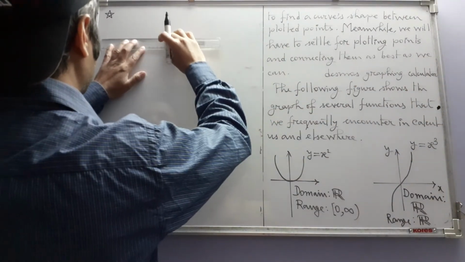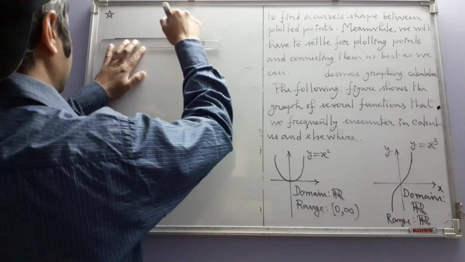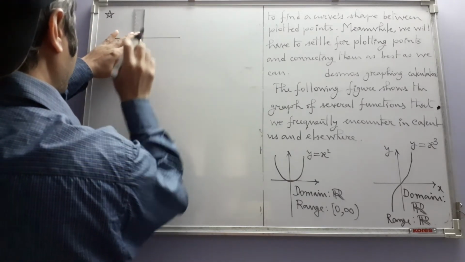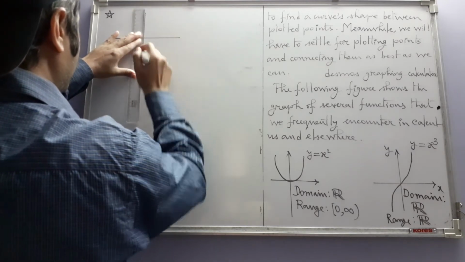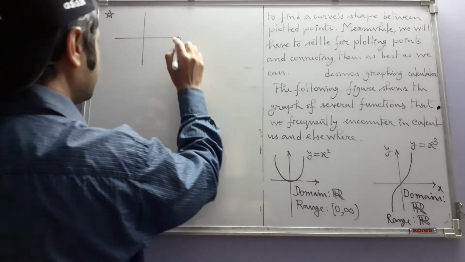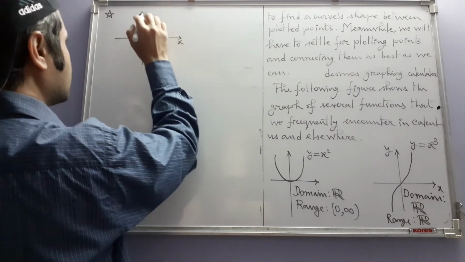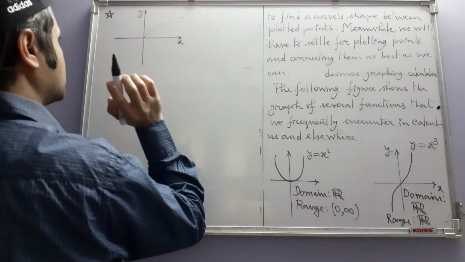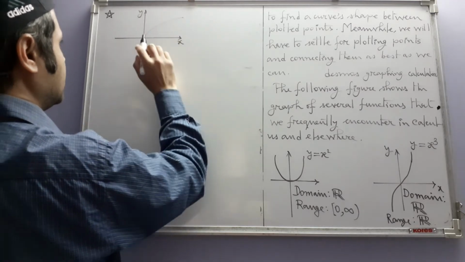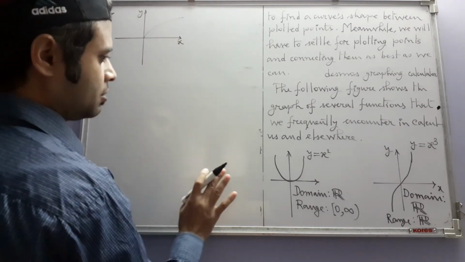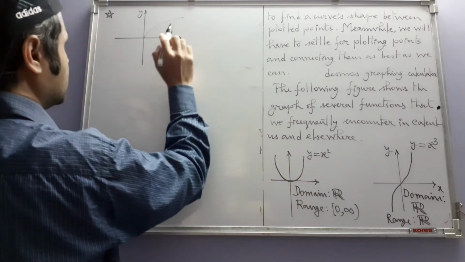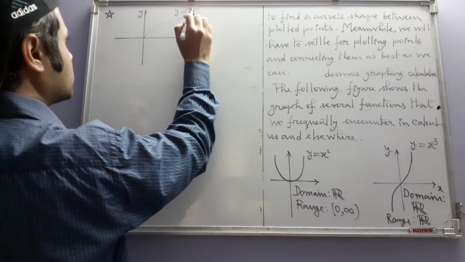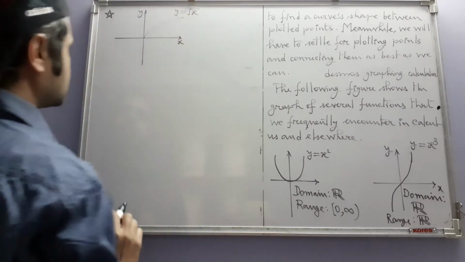the non-negative square root function. Its graph is okay. This one I have drawn somewhat better than the other ones. Square root of x.